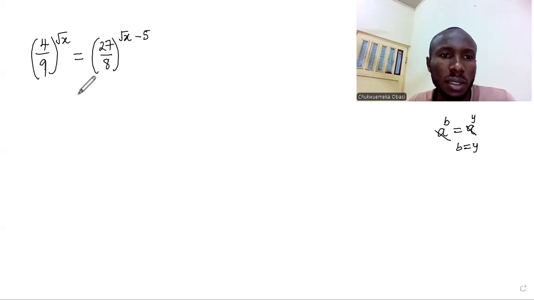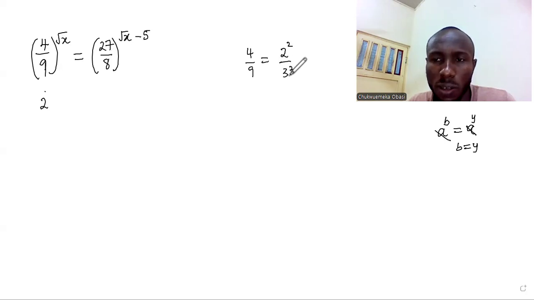So let's get started. 4 is the same as 2 to the power 2, so I can write 4 as 2 to the power 2. Let's say 4 over 9 can also be written as 2 squared over 3 squared, and you see they both have the same power. So we can say this is 2 over 3 all squared.